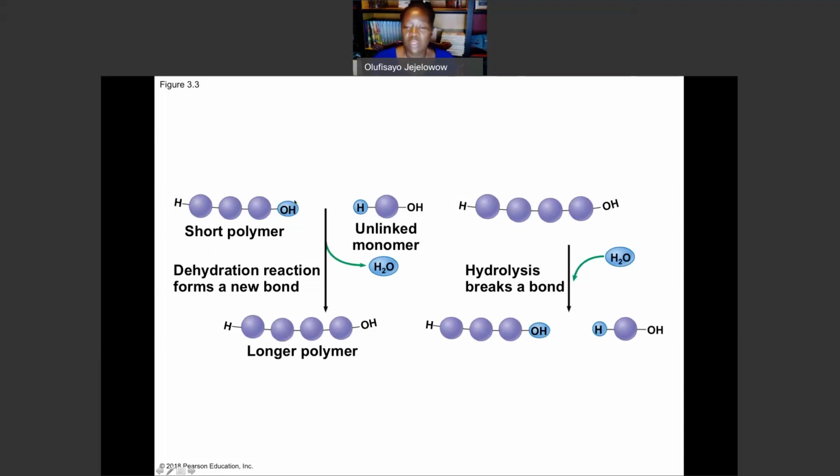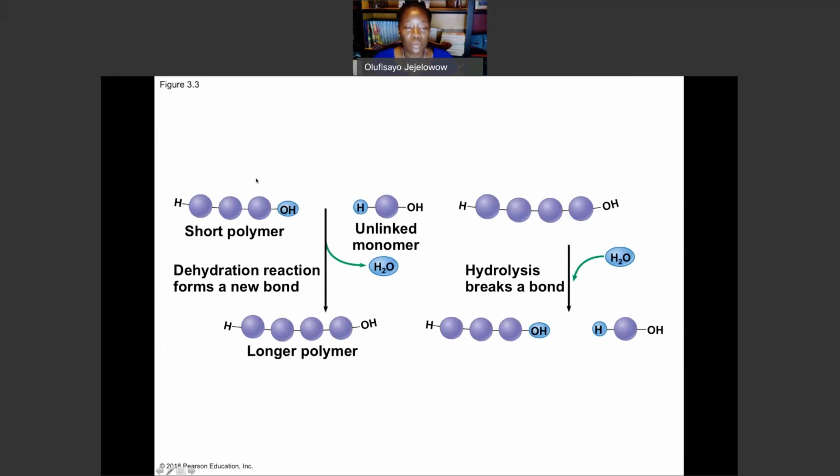Each of these purple balls is a carbon atom. The OH is a functional group, and so this is carbon, carbon, carbon. Now, this is one monomer, this is another monomer.